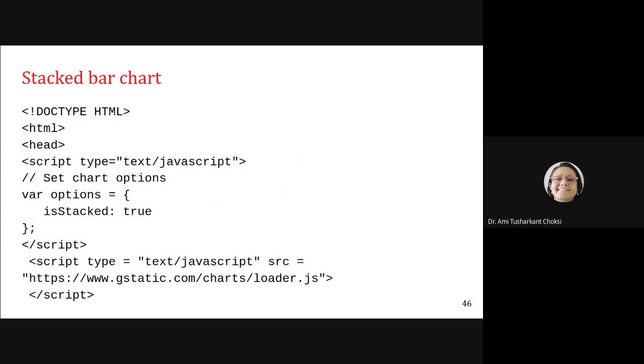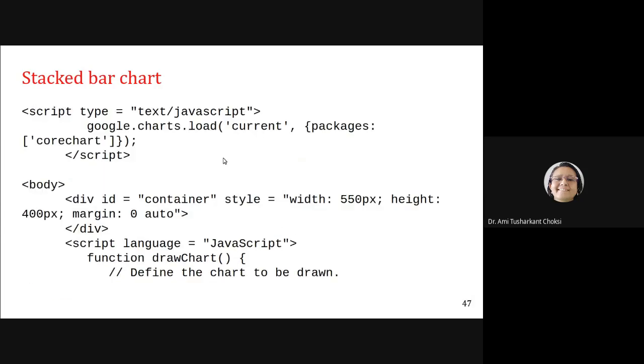Okay. So here we are loading the packages, that is in the Google Chart API, we are loading the core chart packages, that is using google.charts.load current, comma, packages, colon, corechart, right?